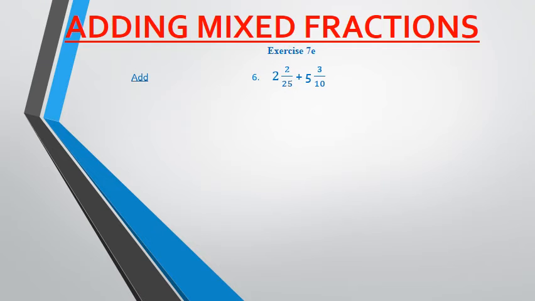So when we change these two mixed fractions into improper fractions, we get 52 by 25 plus 53 by 10. Now the next step is that we have to find out the LCM of the denominators. So here we have the denominators 25 and 10. So the LCM of 25 and 10 is 50, right?